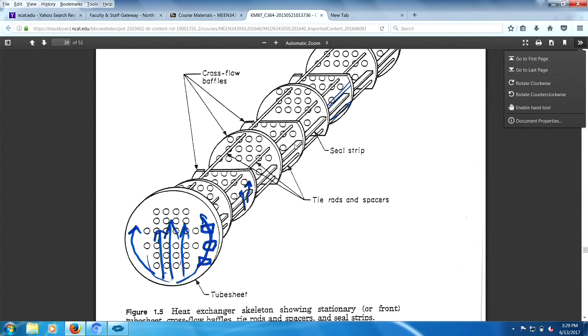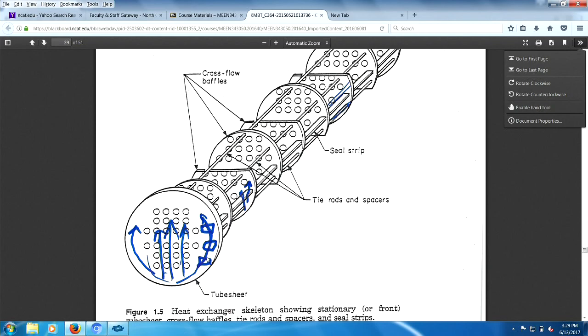Now, sealing strips were all the vogue, but again, the sealing strips indicate the lack of use of the full volume of the shell. So I think sealing strips are probably out. They may be around for some exchangers, but I don't think modern day shell and tube exchangers use sealing strips.